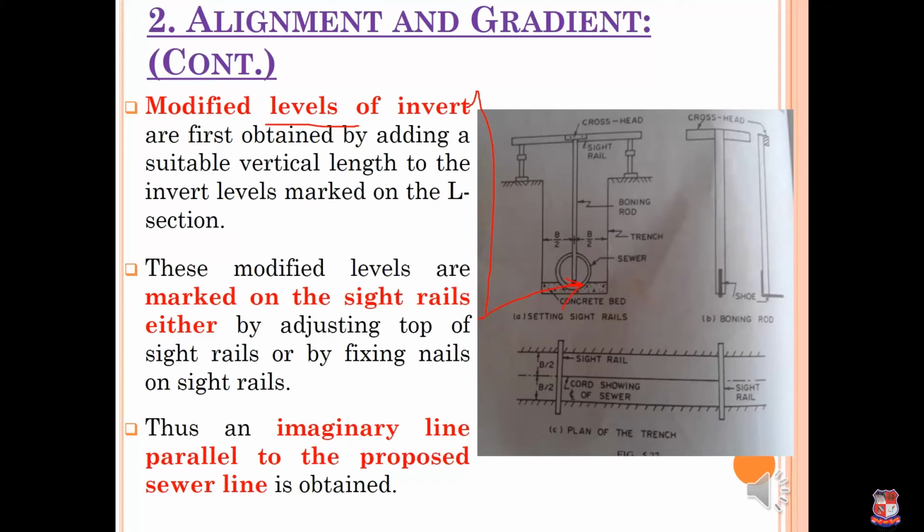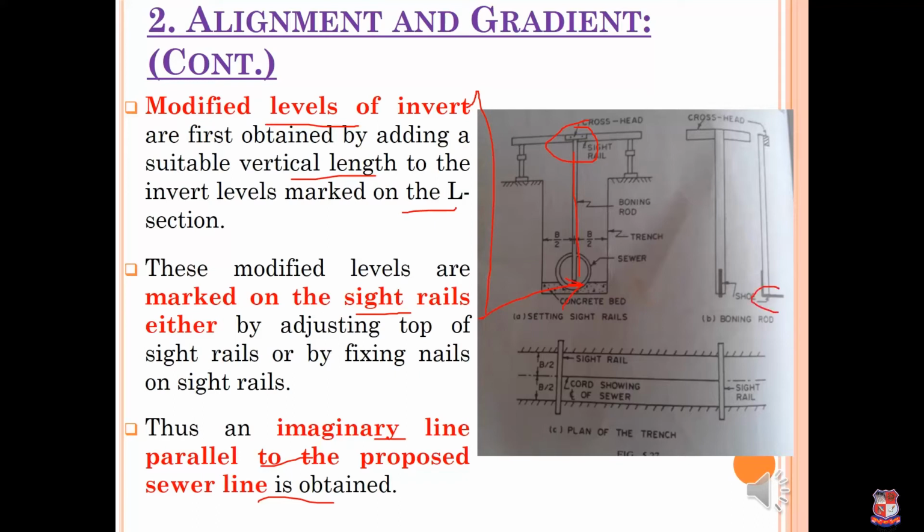So that modified invert as per the vertical length of this boning rod, you have to mark on the L sections, and these modified levels are marked on the sight rail. So this is your horizontal sight rail over which you can mark your modified levels, and thus an imaginary line which is parallel to your proposed sewer line is obtained. So complete imaginary line you can obtain with the help of this boning rod.